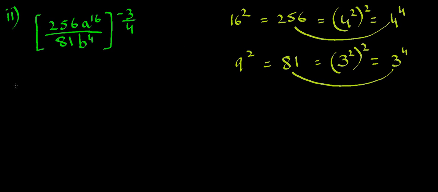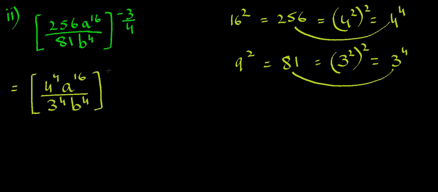So let's see how we will go about it. We have 4 raised to 4 a raised to 16 upon, not 4, 3 raised to 4 and b raised to 4, this whole raised to minus 3 upon 4. Now, what happens over here? That's equal to, remember this power is applicable individually to these terms.